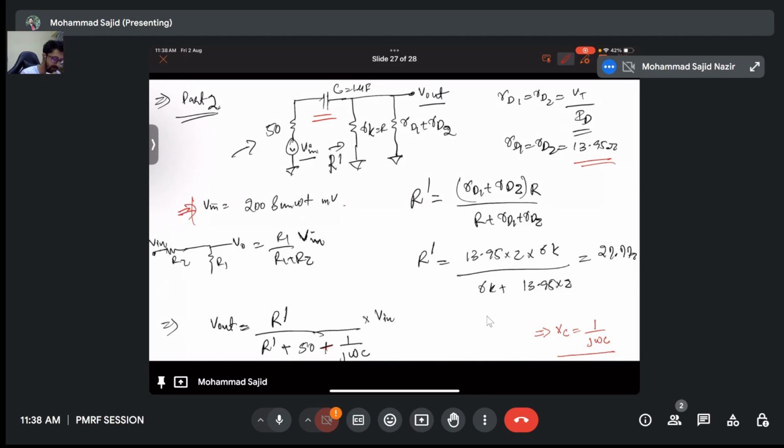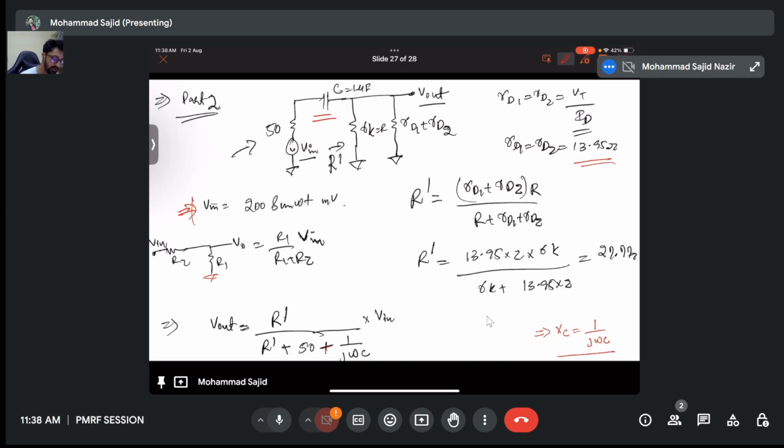So now, if you have a circuit like this, you can directly write V naught is equivalent to R1 divided by R1 plus R2 multiplied by V in.